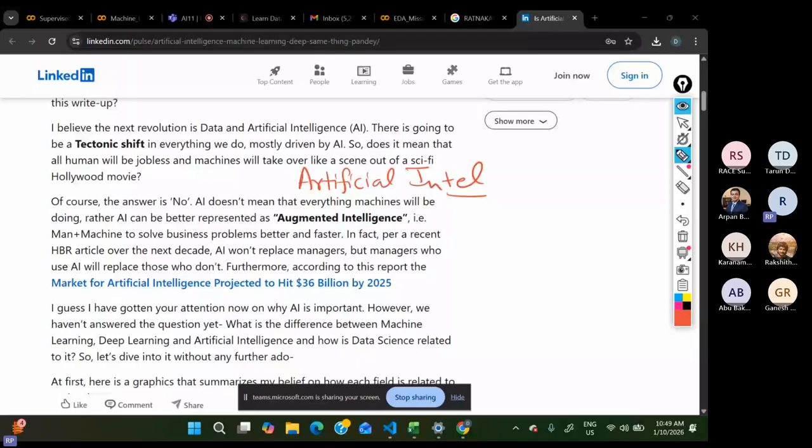Based on past or legacy data, we have to train the machine in such a way that it should understand like a human. Exactly. So you're training the machine basis human intelligence, transferring the human intelligence to the machine and artificially making them intelligent. That's why it's called artificial intelligence, right?